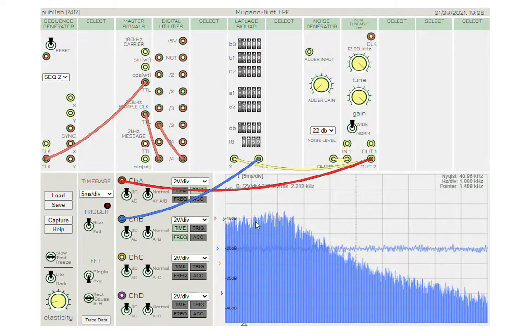You'll notice this is starting to become more peaky. Let's reduce it even more. Even more so. What happens if we reduce it even more?